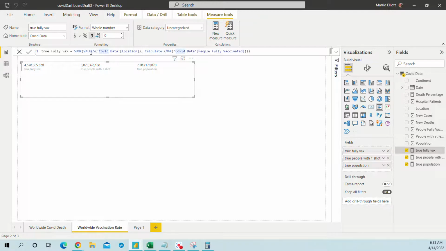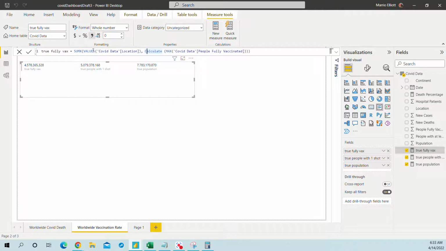We bring back United States, Canada, Egypt. We bring each one back once. So for each value, we're bringing down a unique value in this location column within that table. And then we're telling it to calculate the max of people fully vaccinated for each row or unique value.